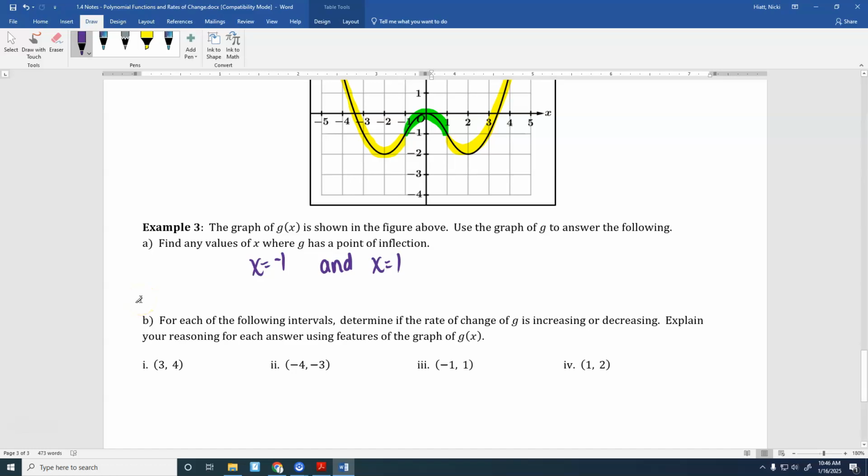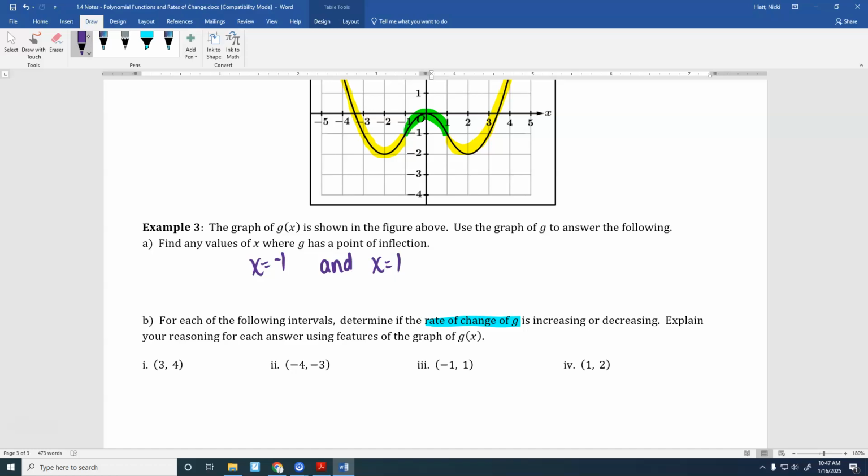Explain your reasoning for each answer using features of the graph of g of x. So they're not asking us now about g being increasing or decreasing. They're asking us about the rate of change of g being increasing or decreasing.